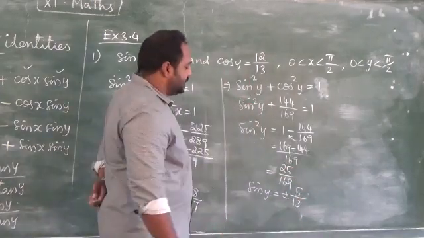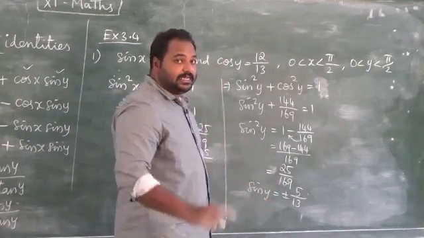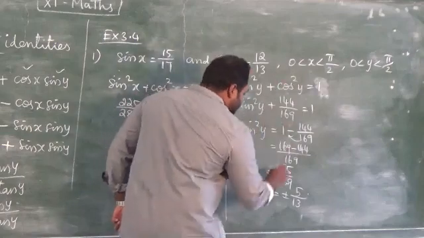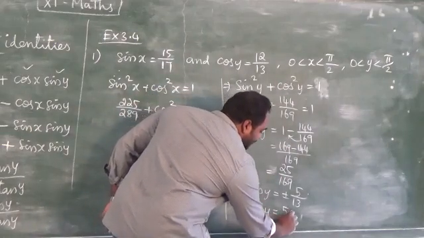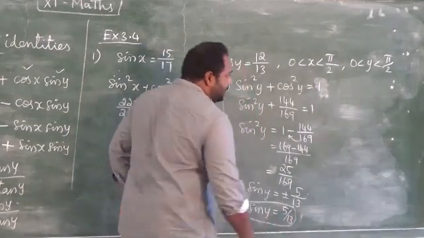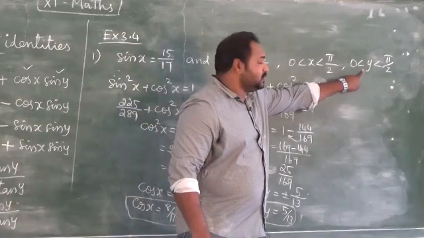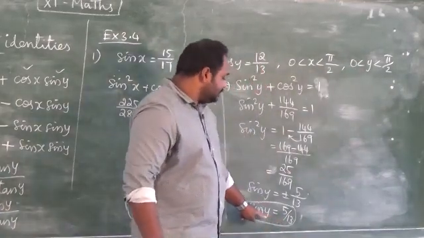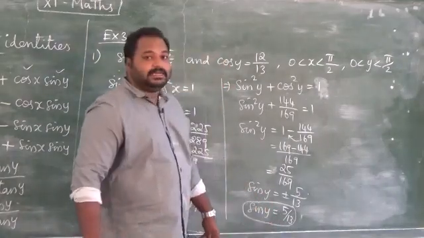We have to take strictly plus because it is in the first quadrant. Don't take the negative value because y is also in the first quadrant. So sin y equal to 5 by 13.